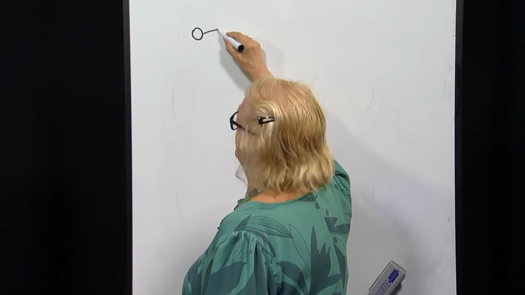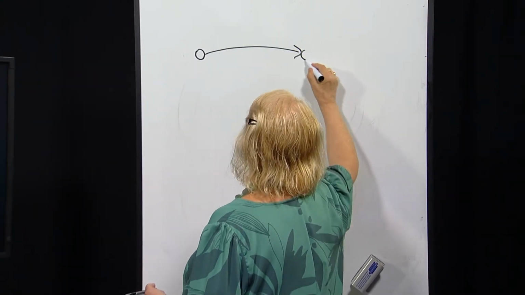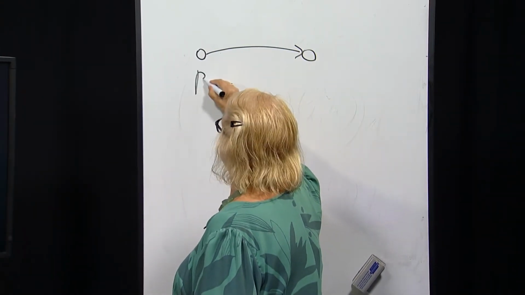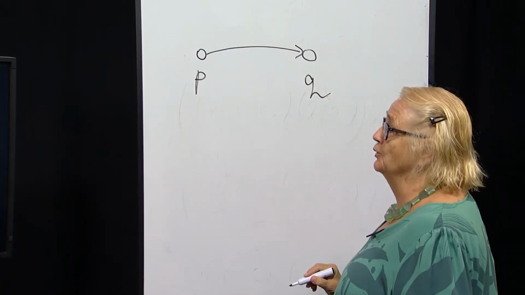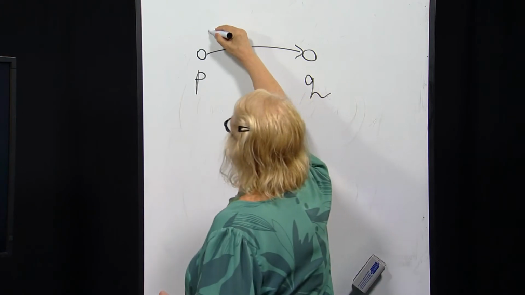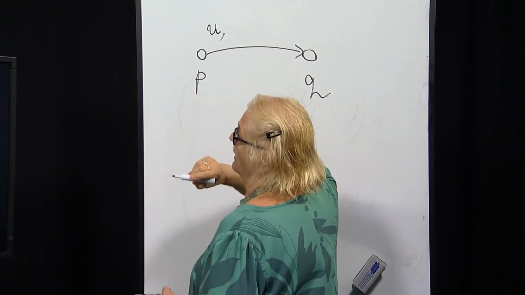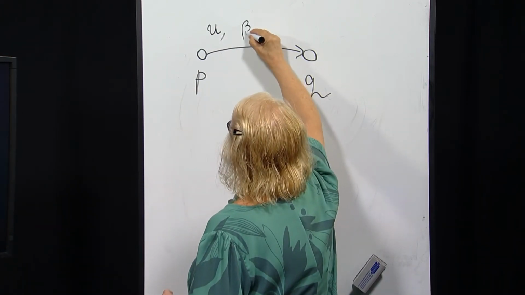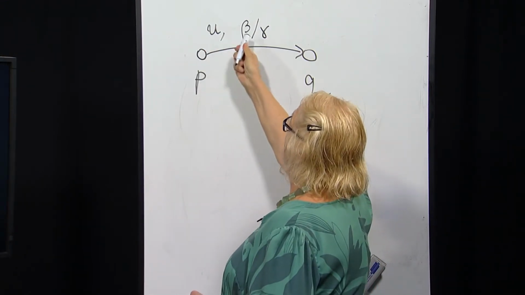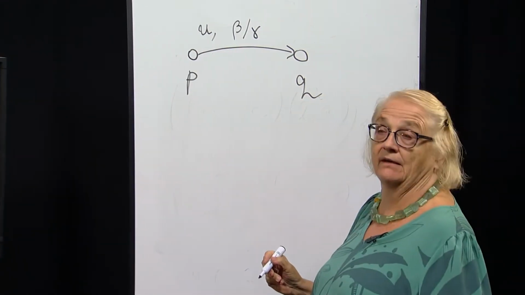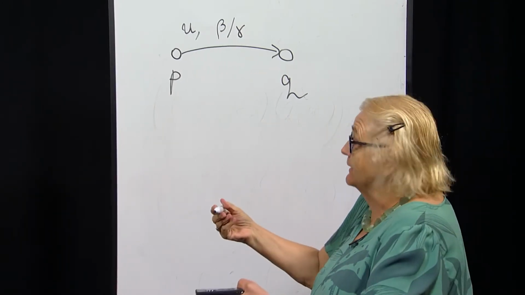You have a state P, go to the state Q, and you write u, comma, beta, gamma. So this is reading, and this is the operation on the stack.